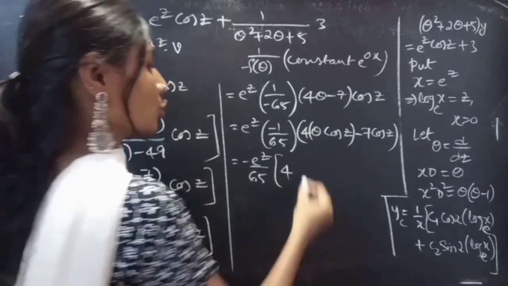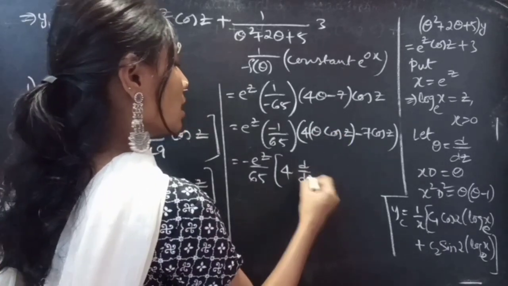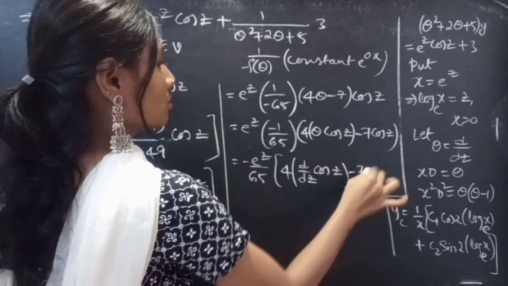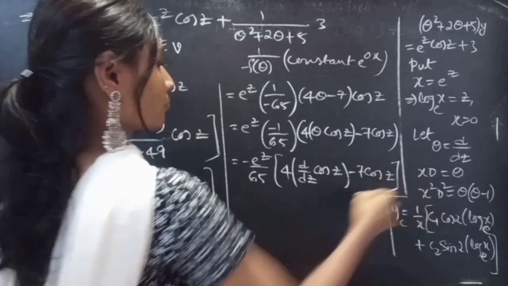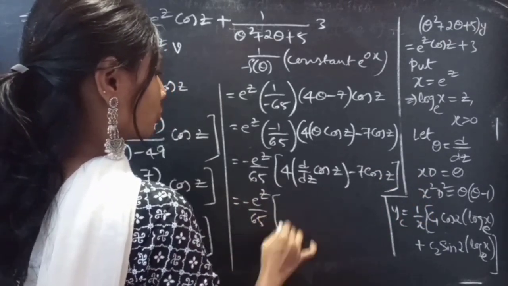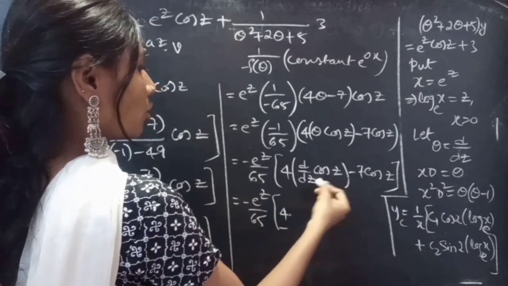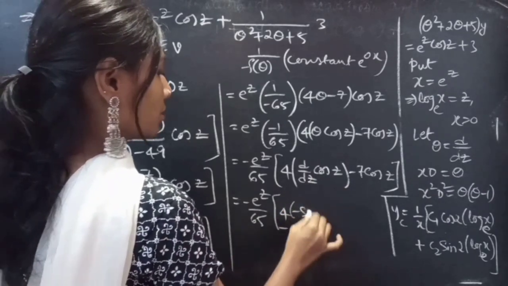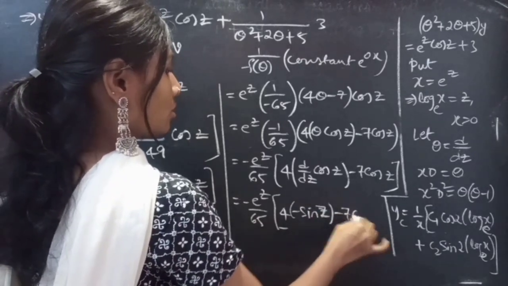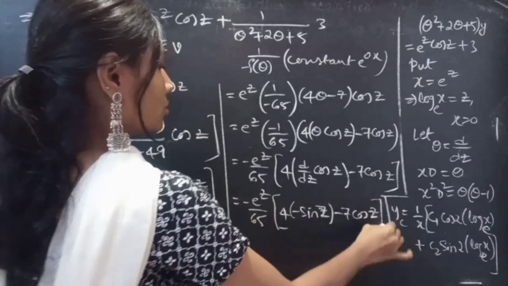This equals minus e^z by 65 into 4 into, we know that θ is a differential operator, just replace it by d/dz for our convenience. Minus 7 cos z is equal to minus e^z by 65 into 4 into the derivative of cos z with respect to z, which is −sin z, minus 7 cos z.